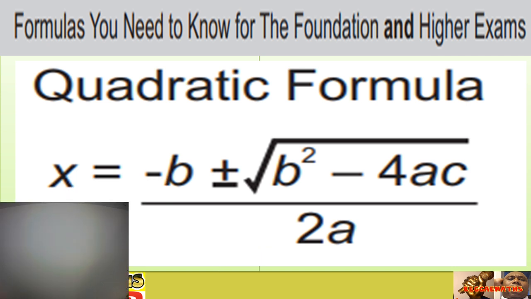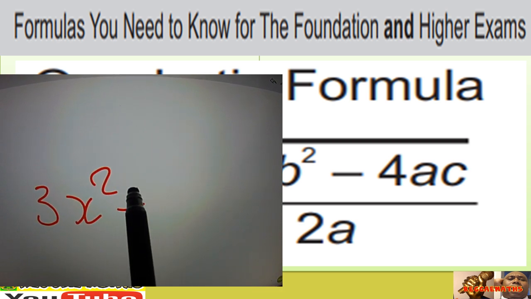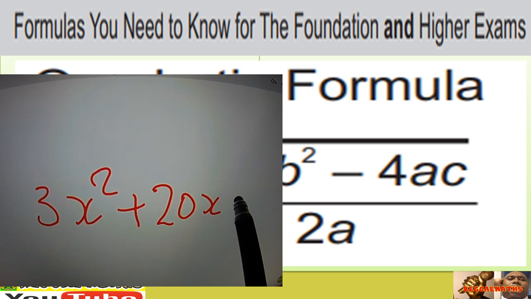Quadratic formula. x is equal to minus b plus or minus the square root of b squared minus 4ac, over 2a, and that works for any quadratic, especially the ones that you cannot factorise. So for example, you've got 3x squared plus, say, 20x minus 11. That's just an example I'm giving you there.